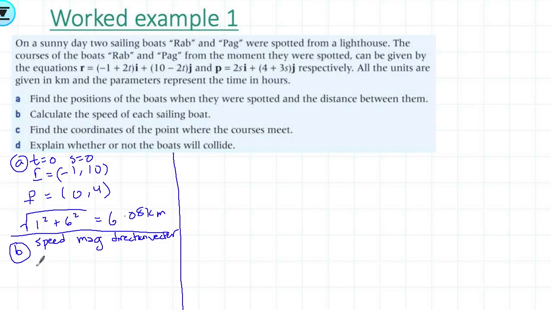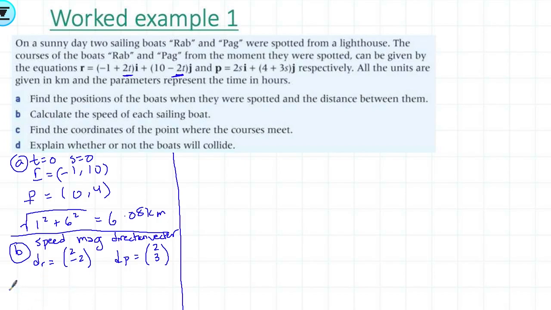So the direction vector for R is taking the coefficients with the parameter t. So the direction vector is 2, -2, and the direction vector for P is 2 and 3. And then you just take the magnitude of each one, and that will represent the speed of each.